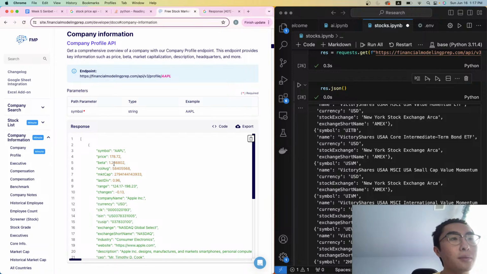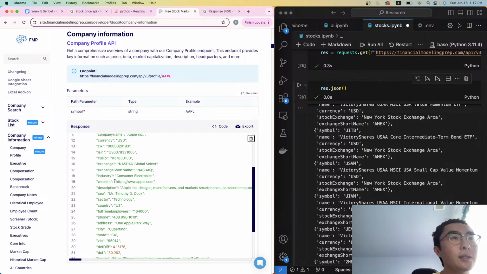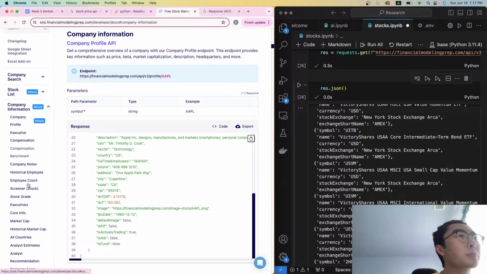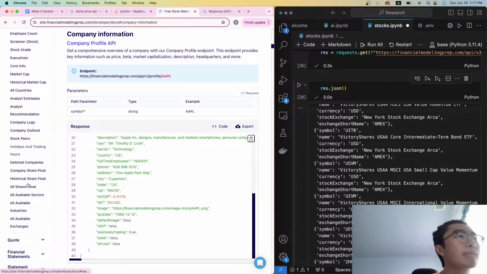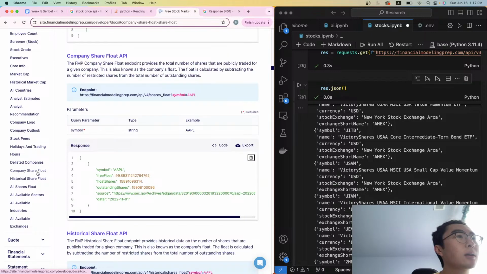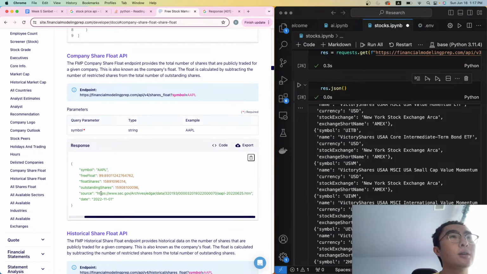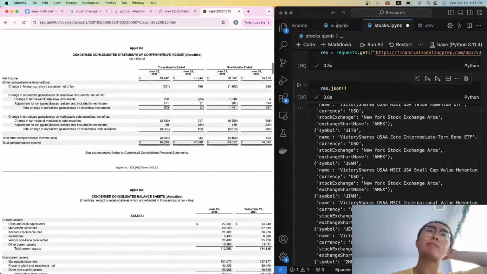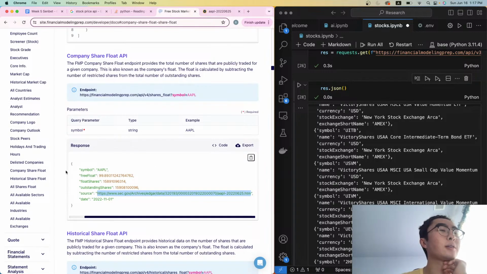Price, this gives me the price. I wonder if this gives me the company share float. Float share is interesting. So it tells you there. Okay.